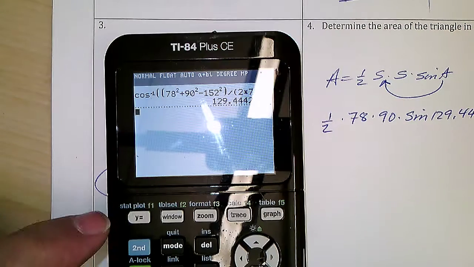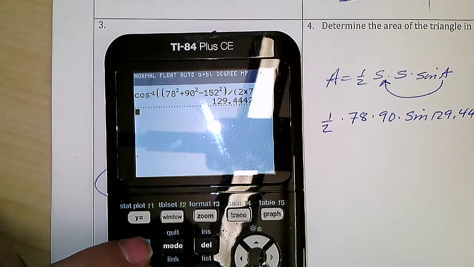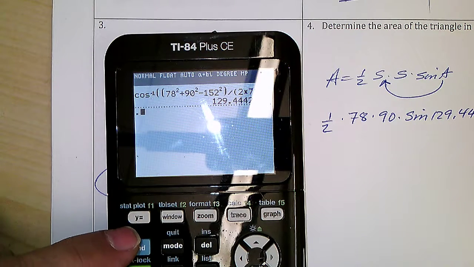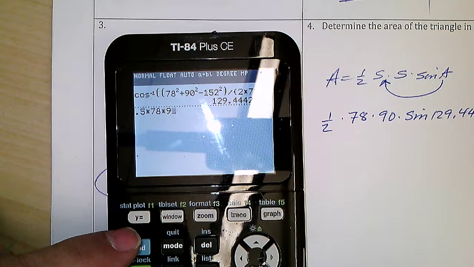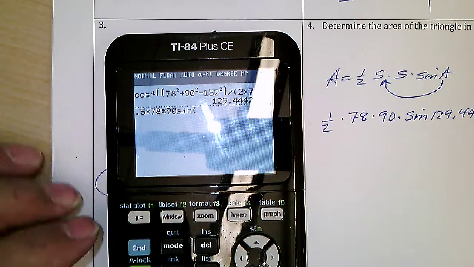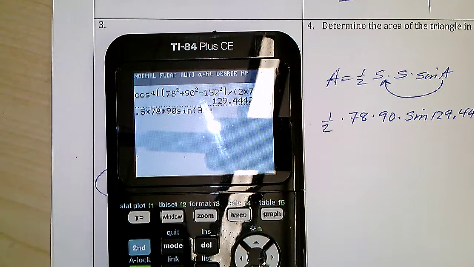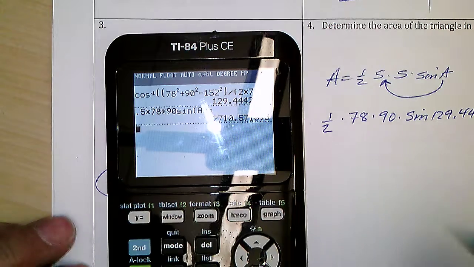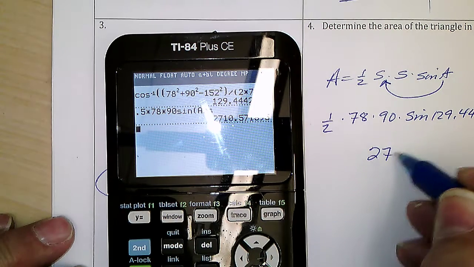So I'll go 0.5 times 78 times 90 to get the 78. Yep. Sine of that last answer. And I get 2711.